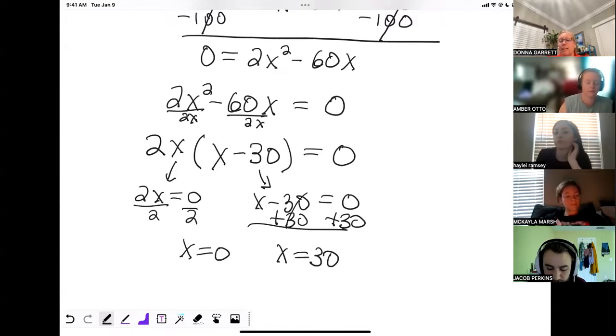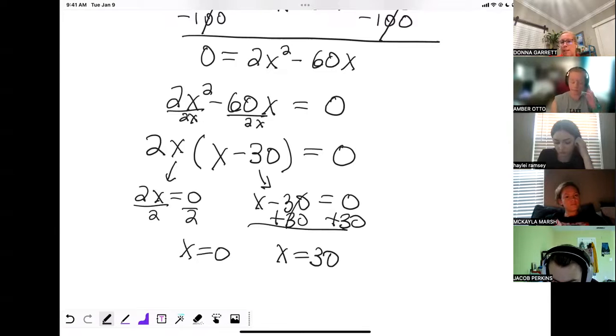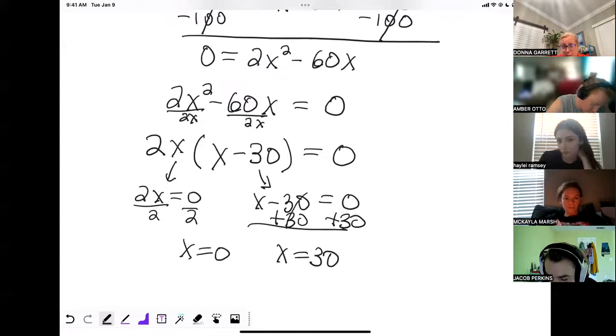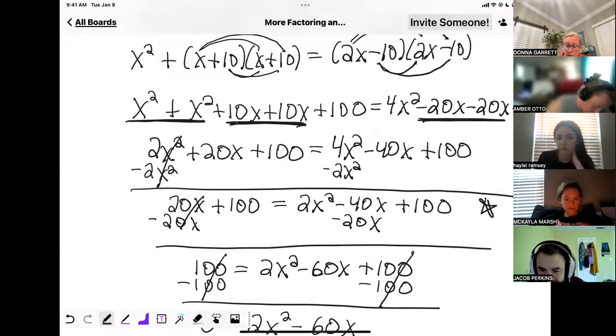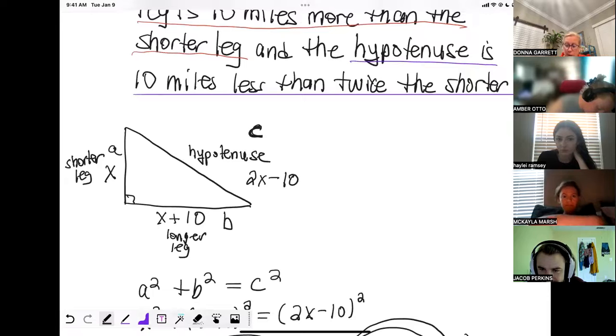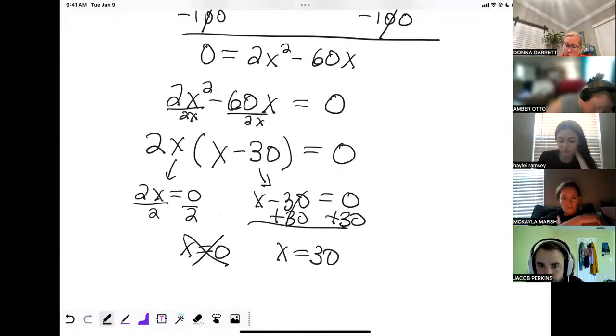All right, but again, this is a real world problem. It's a word problem. So would I have 2 answers? Probably not. Which answer doesn't make sense? 0. If I have 0, nothing's happening, right? That means the side is 0. Is the side of my triangle 0? I don't think so. They didn't tell us it was 0. If I make it 0, I don't have a triangle. So my answer is 30.